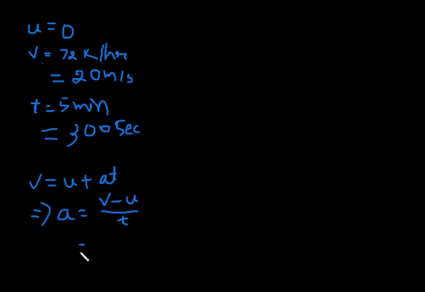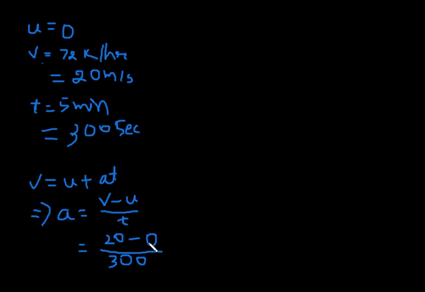If you put the respective values, here v is equal to 20, u is 0, 20 minus 0 divided by time, which is 300 seconds.